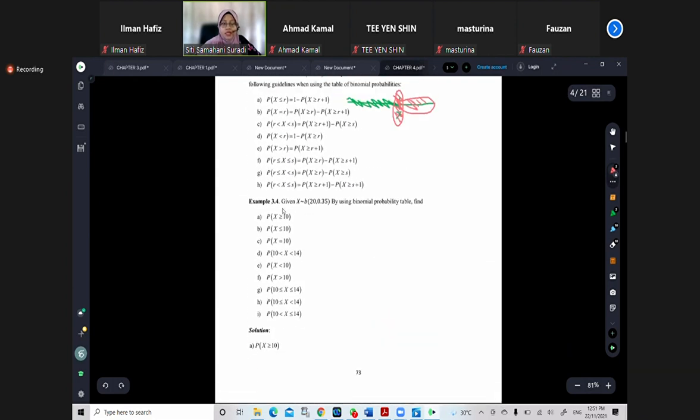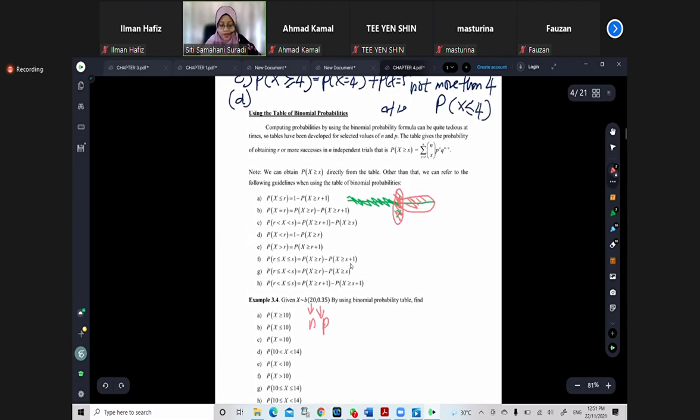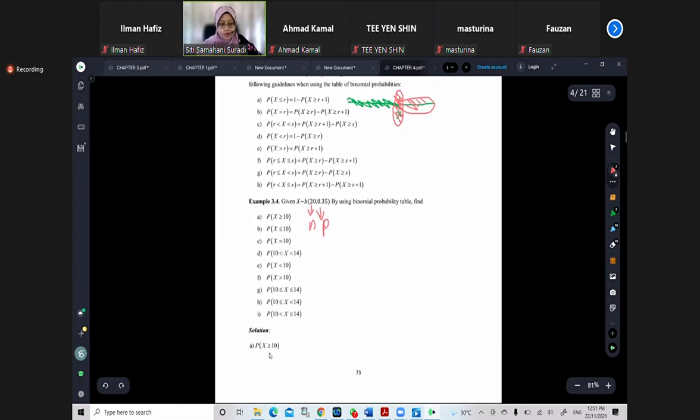Okay, here the example given X equals B(20, 0.35). So this means n, and this means p. All right, so let's say the question is P(X more than 10). How to find it? You have P(X more than 10).